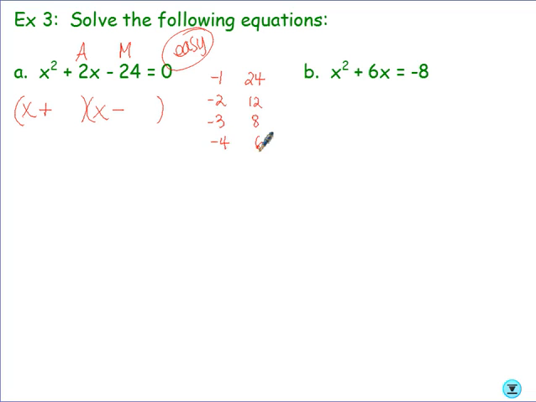Which one of those pairs gives us a positive 2? That would be this pair right here. So we are looking at a positive 6 and a negative 4. Bring down the equal 0. First parenthesis equals 0.